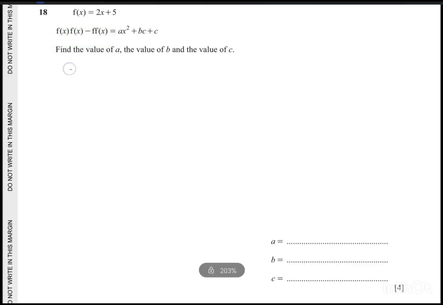So f of x is 2x plus 5, and f of f of x will be 2 times (2x plus 5) plus 5. In place of x we put 2x plus 5. Then multiply 2x into 2x, that is 4x².